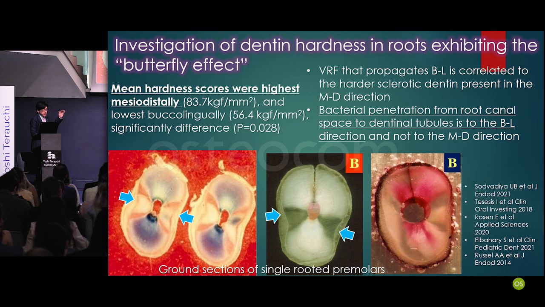So because of more hardness in medial to distal direction, you have vertical root fracture propagating in a lingual to buccal or buccal to lingual direction. So that's why you see the vertical root fracture in the buccal to lingual direction because of the medial to distal hardness here.